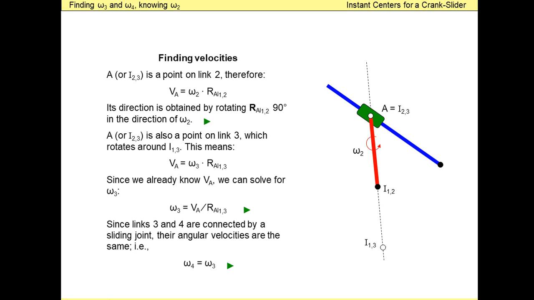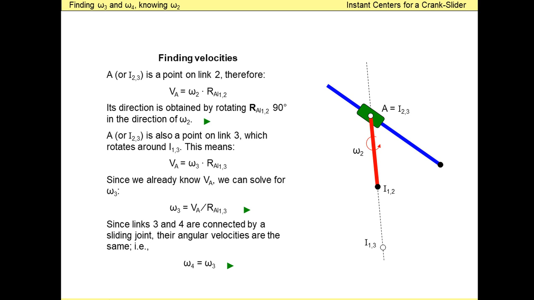So to determine the velocity of A, we take VA equal to omega 3 into the length between I13 and A, defined as RA I13, where omega 3 is the angular velocity of A with respect to I13. Since we know the velocity of A, we can determine omega 3 from this equation.